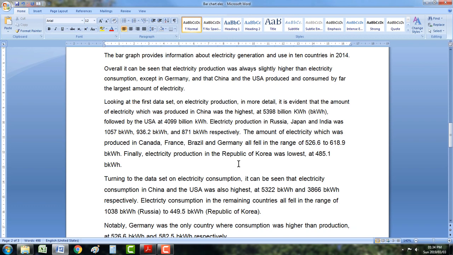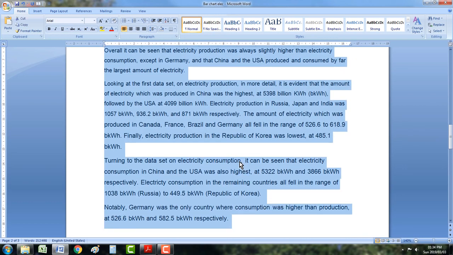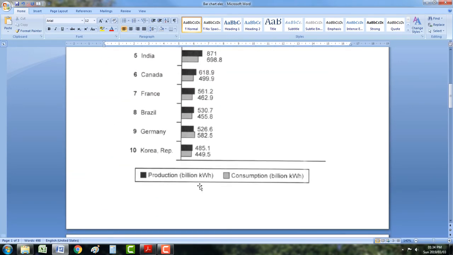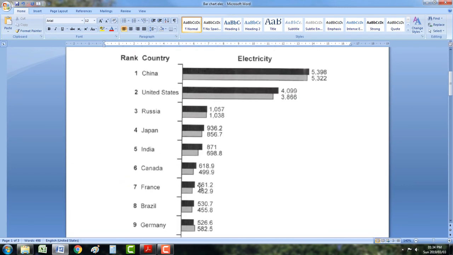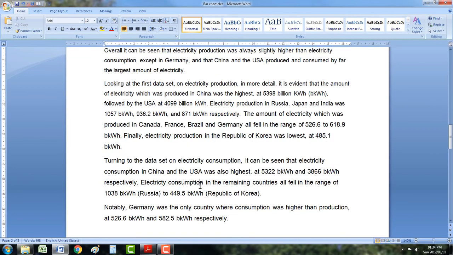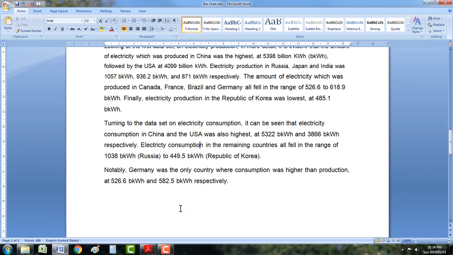But even though I tried a lot not to use all the words and put them all in one sentence, even so it's 212 words. I think that's just the nature of this task. It's a very difficult one to write in only 150 words. So that's why it's really good to have your noun phrases so that you can just write the sentences quickly.